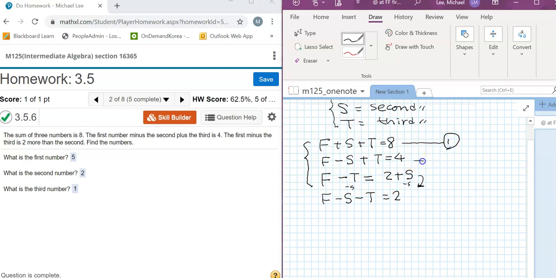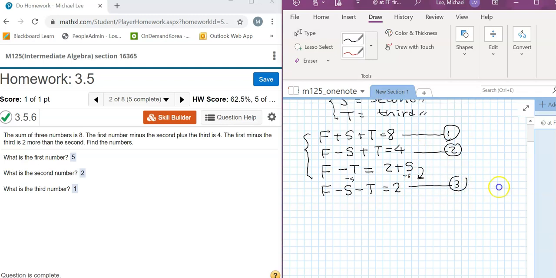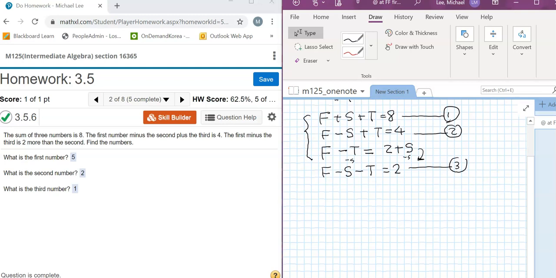This is 1, and this is 2, and this is the revised third. Now you have to decide which letter you want to eliminate. I'll eliminate S, this S and that S and that S. To eliminate, this is positive and this is negative.